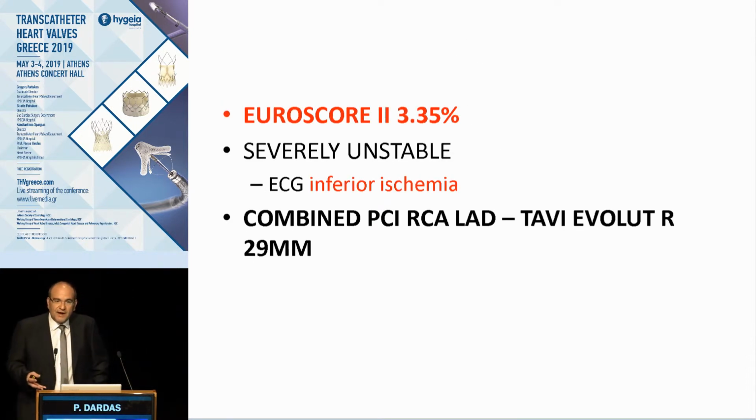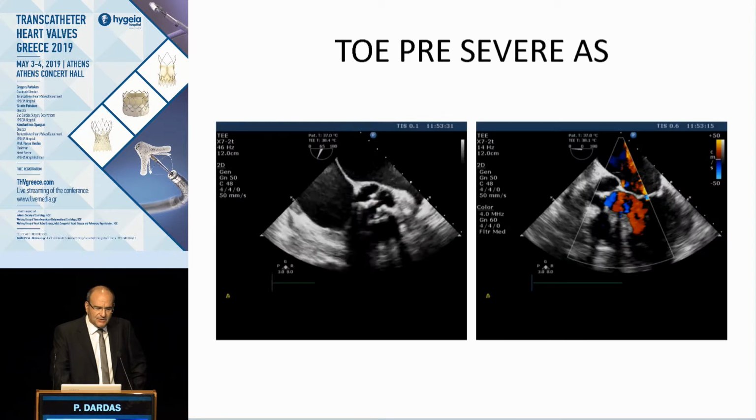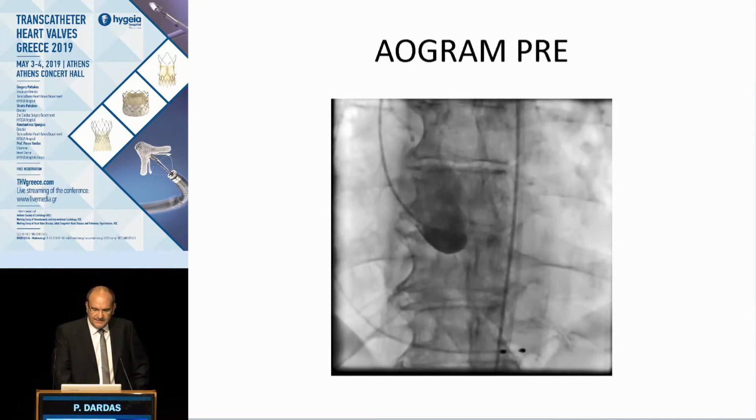Because it was quite unstable, we decided to perform PCI and TAVI on the same occasion. And when he came down, he had ECG changes of inferior ischemia. So you can see the valve here and the aortogram.